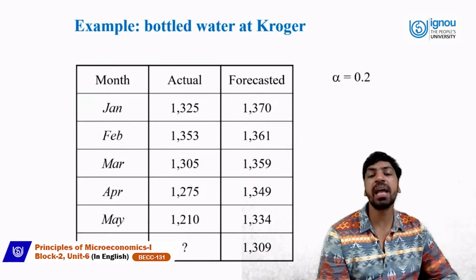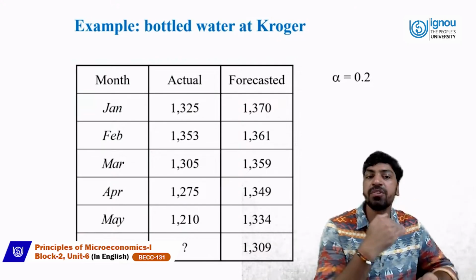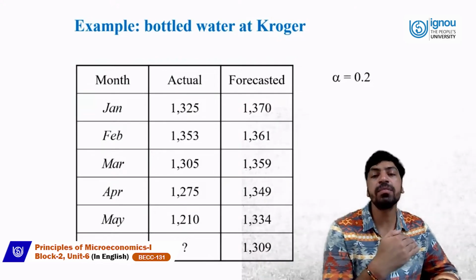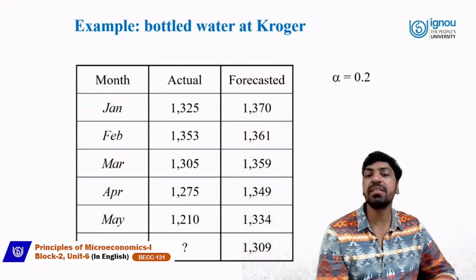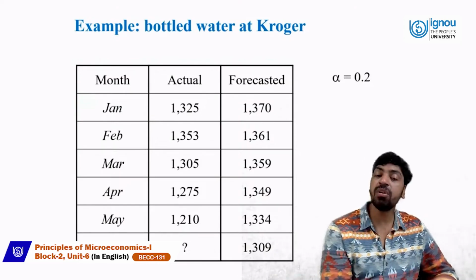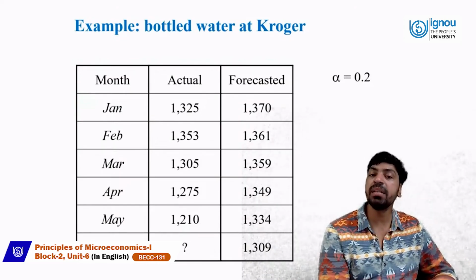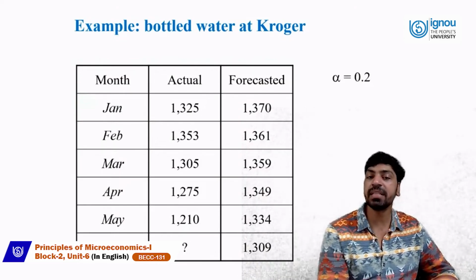Once the 9 has been estimated, just subtract it from the forecasted value of January, that is 1370 minus 9. So you will get the forecasted value for the February month, that is 1361.